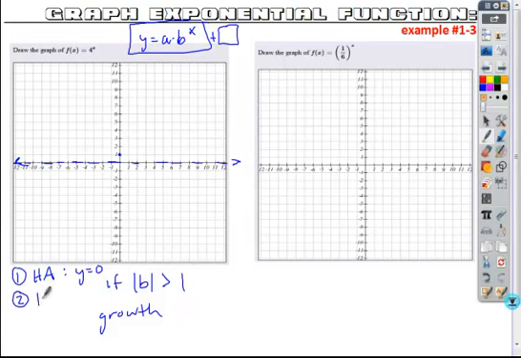And then the second thing that you're going to do is you're going to find 2 key points. The first key point is going to be the value that makes x equal to 0.